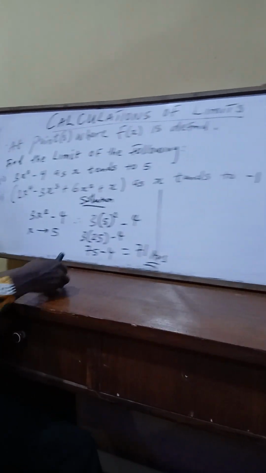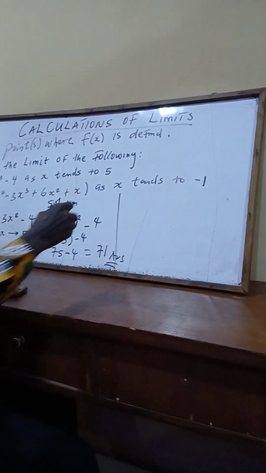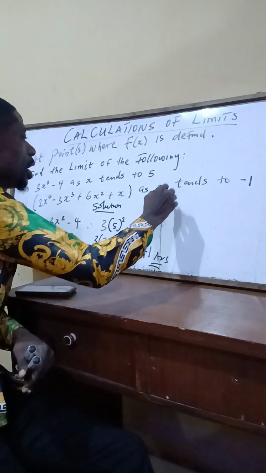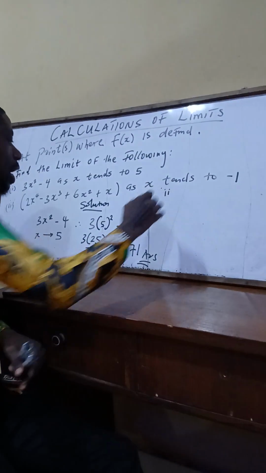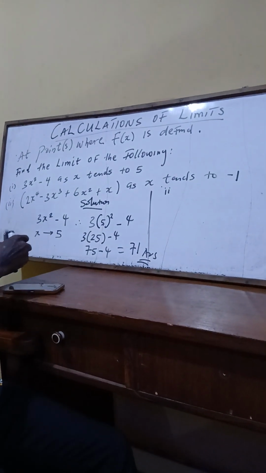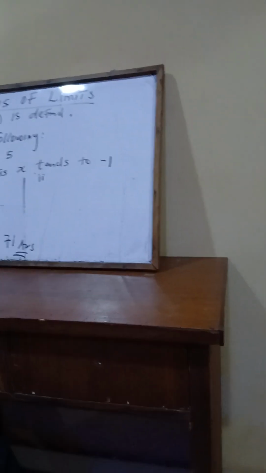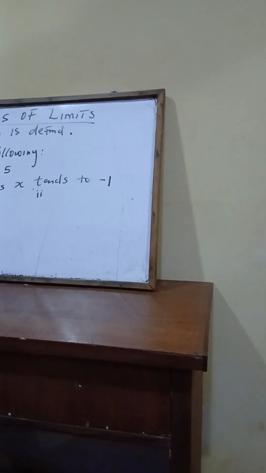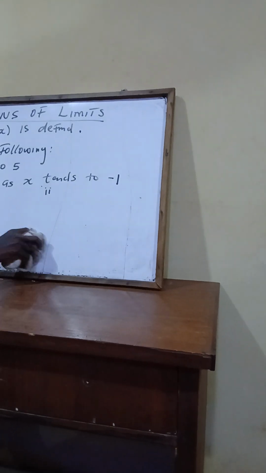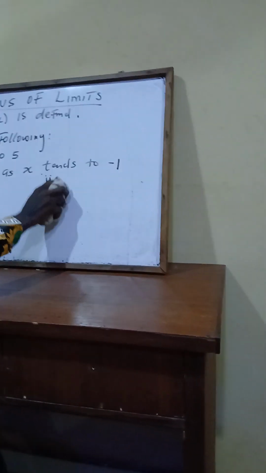Then the next one, the second one, we have as (ii). So before (ii), you are going to know how to get this one. So this is simply the limit of a function.